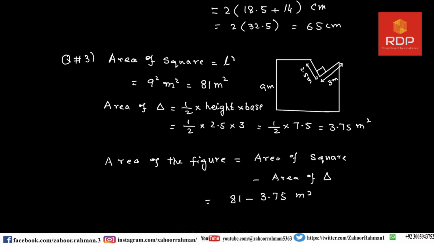So let us subtract this and we will get 77.25. 77.25 meter square is the answer.